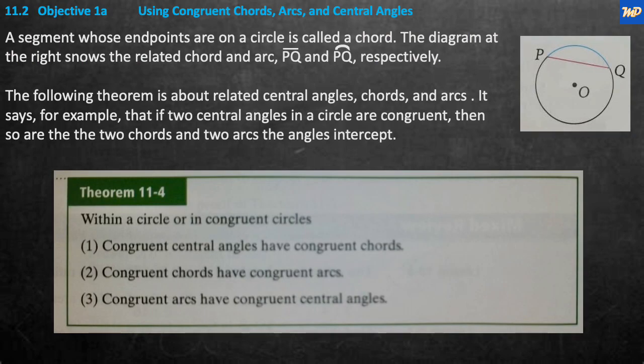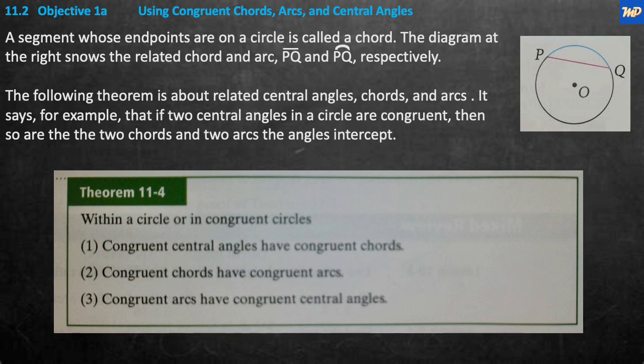Okay, objective 1, we'll call it 1A because there are more slides to this. Objective 1, using congruent chords, arcs, and central angles. To remind us again, a segment whose endpoints are on a circle is called a chord. The diagram at the right shows the related chord and arc, the chord PQ and the arc PQ, respectively.